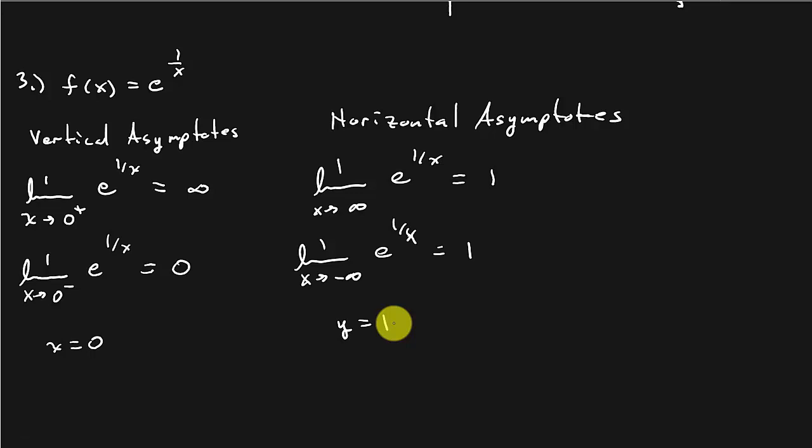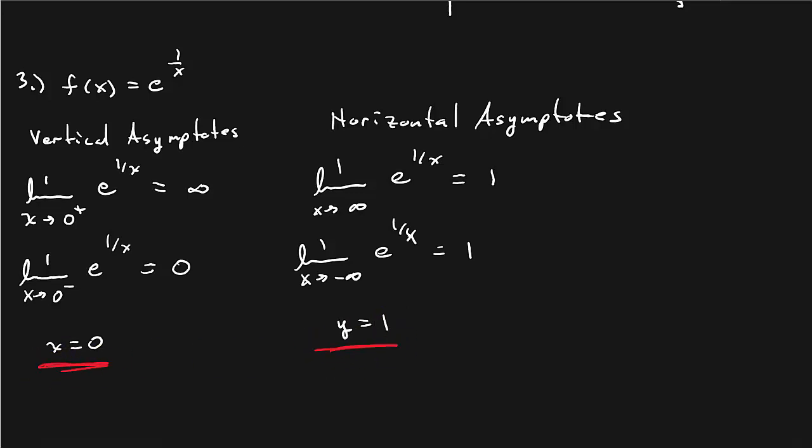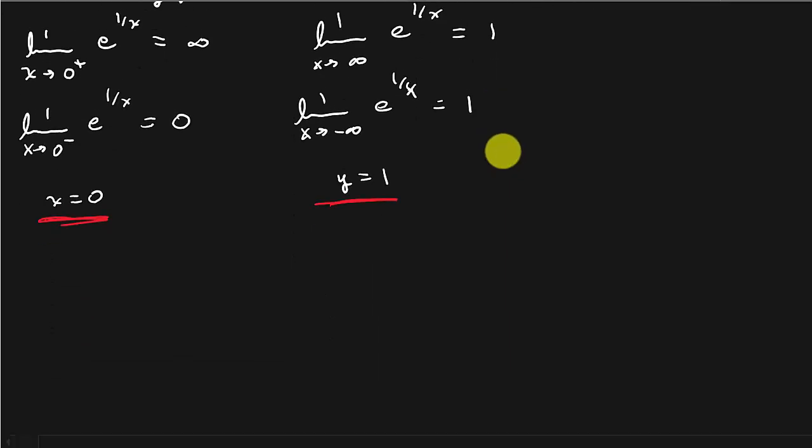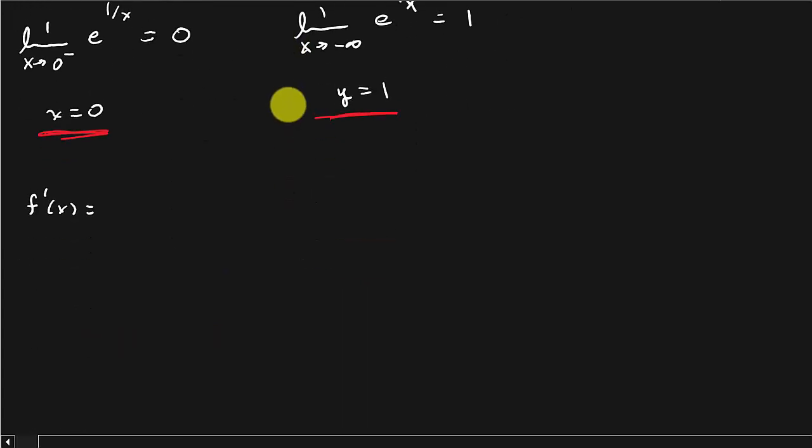Now we can start doing increasing, decreasing, and all that good stuff. But let's keep a note of these two values, because we'll have to put those on the graph. So now I have f prime of x equal to, so I'm taking the derivative of e to the 1 over x.